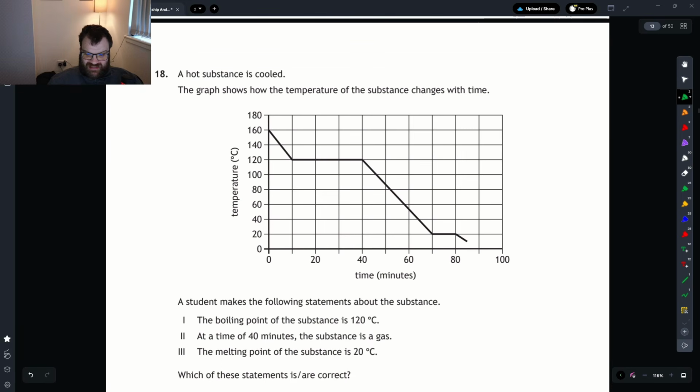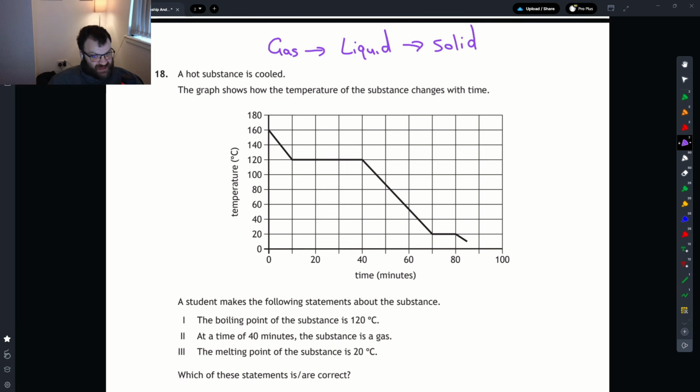Moving on to 18, we're talking about the changes in temperature over time where we're cooling something. We could go gas to liquid to solid. Now, if you find yourself in a position where you've forgotten which parts are the changes of state and which parts are the different states, for example, here, this would be our condensation.